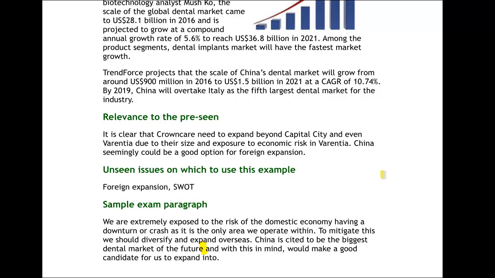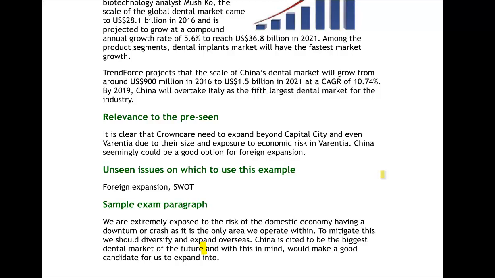Done. That's one point on your paragraph, on your answer to, say, a question regarding where we should expand to. For example, your first question in your exam might be, should we acquire SmileBright, or we have acquired SmileBright, this is a potential issue we've got, how to solve it. The third or fourth question could be, following the success of acquiring SmileBright, we're looking to expand overseas.